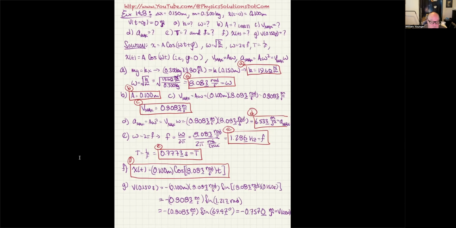So that is the result, and that's exactly matching what the book had as well. So we can be a little bit more confident that we didn't make any careless errors, even though that is a very common thing to occur. And we've now finished example 14.8.